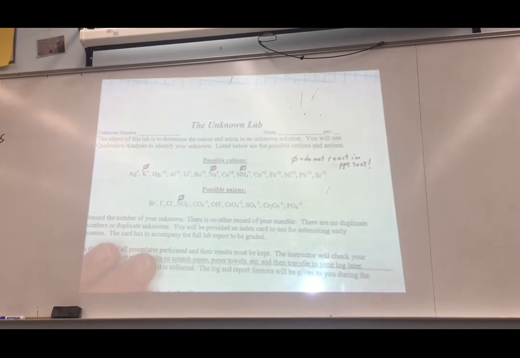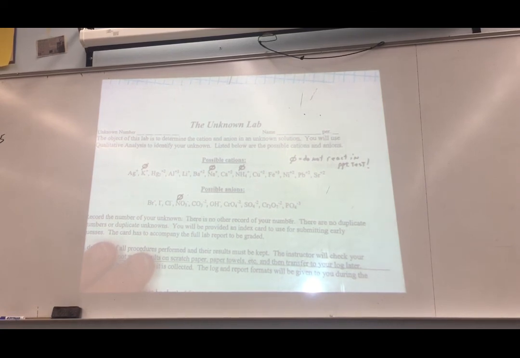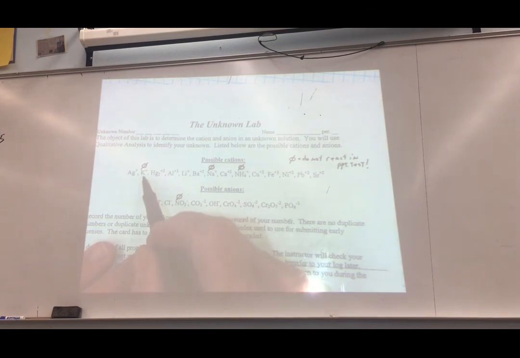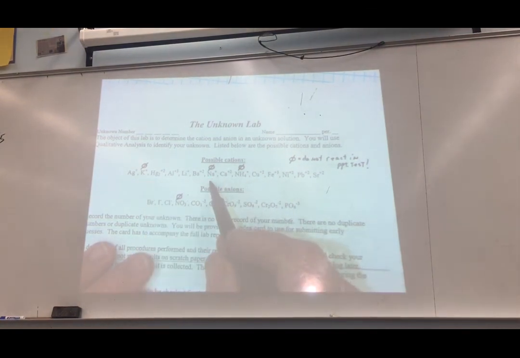So if you get an unknown and you're testing the cation and you get no reaction in the precipitation test, what have you just done? You've divided it up into 3 choices. That gives 1 color flame. That gives 1 color flame. That gives no flame.